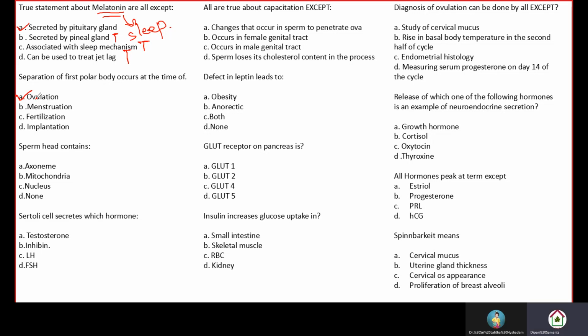As you know, right before the ovum is released from the ovarian follicle, its nucleus divides by meiosis, and the first polar body is expelled from the nucleus of the oocyte.